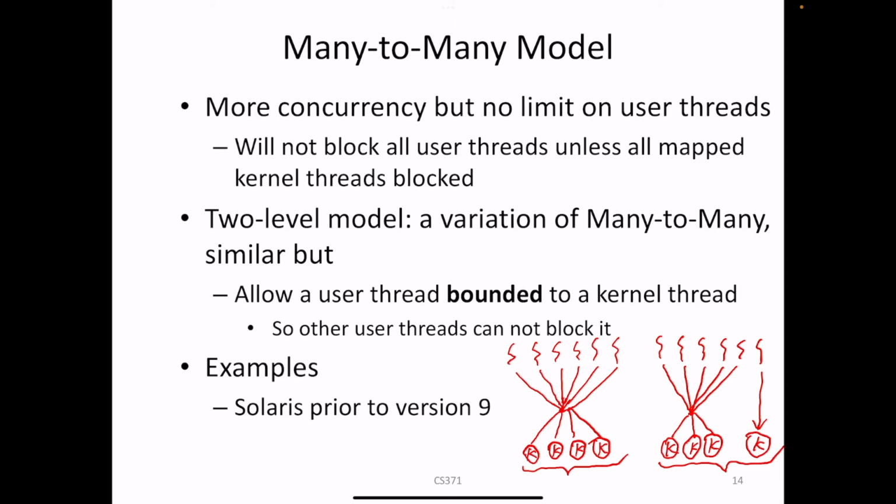Later, if the user thread does not need to be bound to this kernel thread, the dynamically bound kernel thread can be returned back to the group of other kernel threads. Here you can see the difference between one-to-one mapping and the two-level model. You cannot do the rejoining in one-to-one mapping, right?